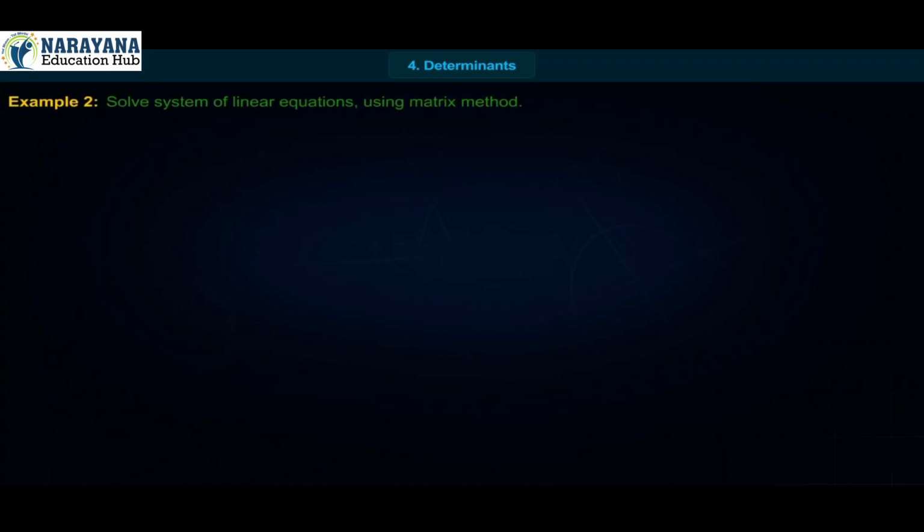Example 2. Solve the system of linear equations using the matrix method. x - y + z = 4, 2x + y - 3z = 0, x + y + z = 2. Solution.